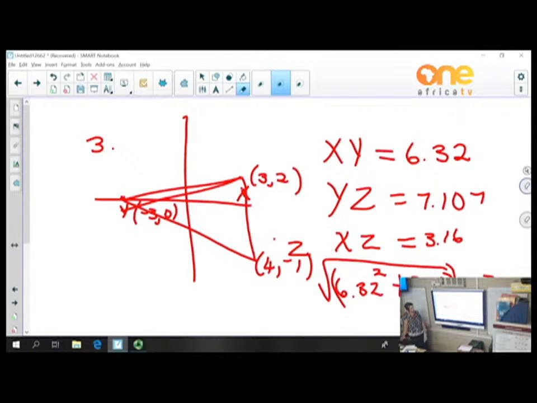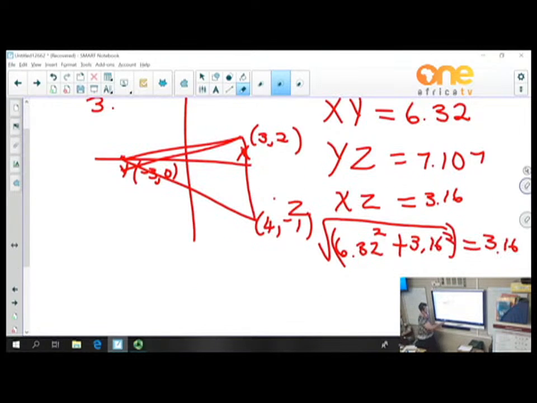And then they say, find the perimeter correct to 3 significant figures. I just have to add. What is the perimeter? 16.55, the perimeter. And the last question there is, find the area of XYZ. Now, this is a right angle triangle, so it's half base times height. So which 2 sides are you going to use? These 2, because this is the hypotenuse.